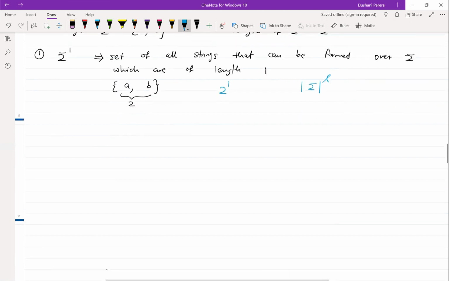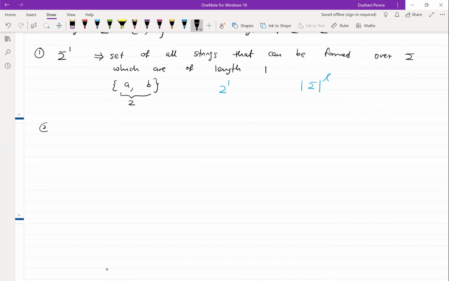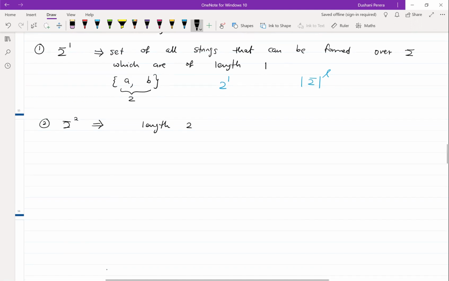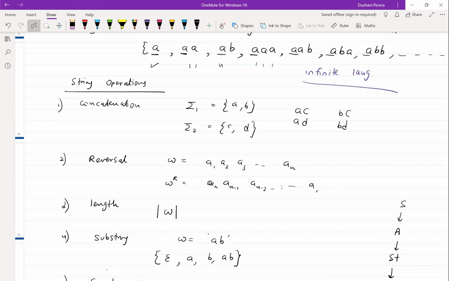Okay, right, then I'll say number 2 is sigma to the power of 2, where we talk about the set of all strings that can be formed over sigma which are of length 2. I'm not going to write that entire thing, I'll just write length 2. Here what happens is sigma gets concatenated with itself 2 times. That is why we spoke about these string operations before we go to the powers of sigma, because we need concatenation there.